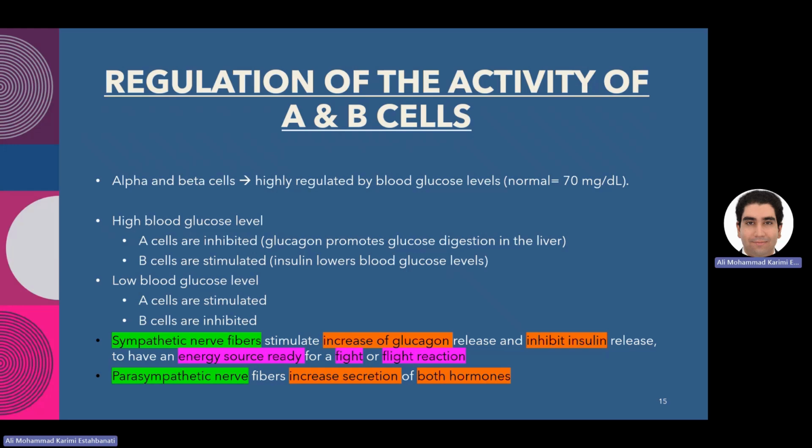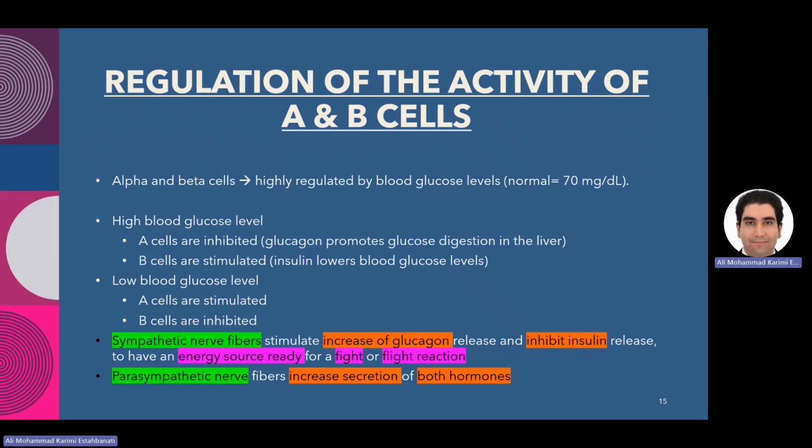Now, what is the role of the sympathetic and parasympathetic nerve fibers in relation to these cells? Sympathetic nerve fibers are mostly activated when you're in a fight, the fight or flight reaction. So you need a lot of energy, so you need a lot of glucose.